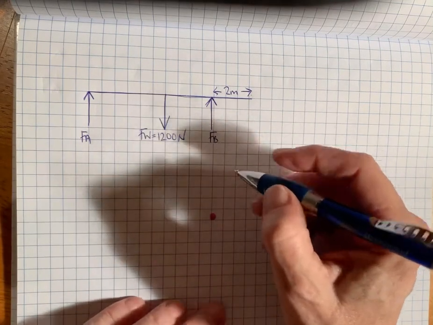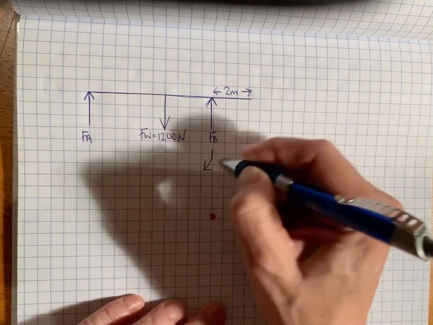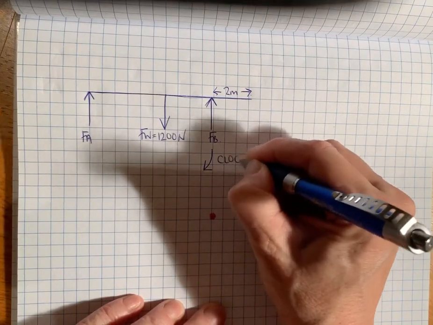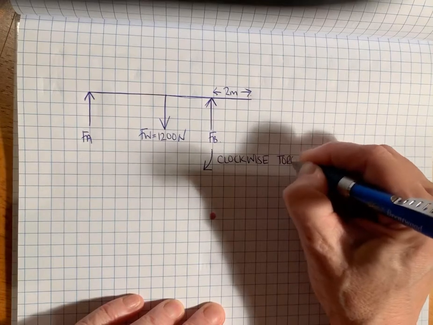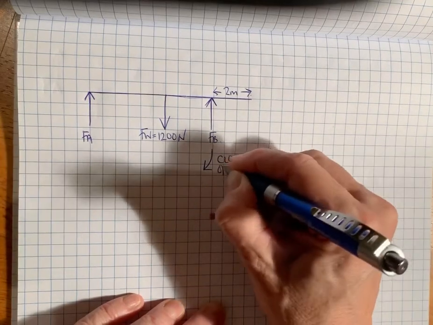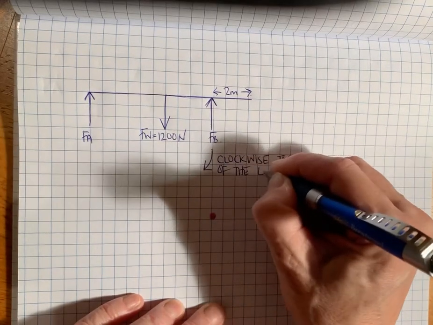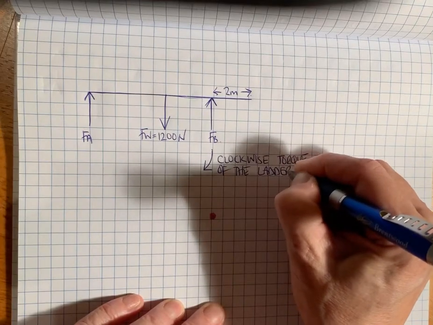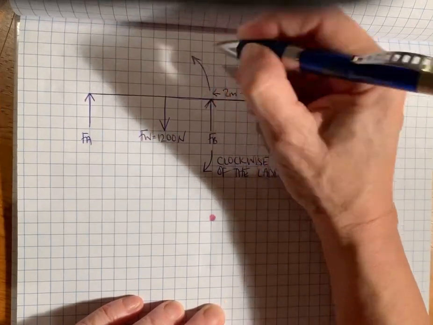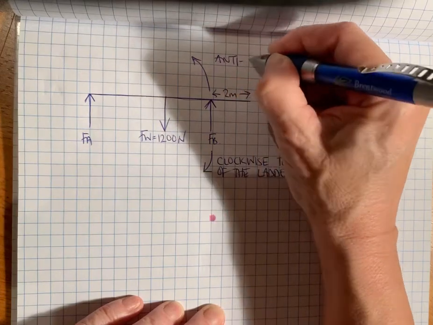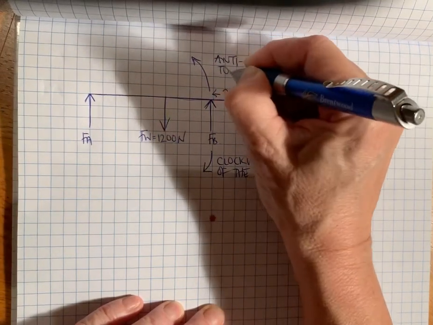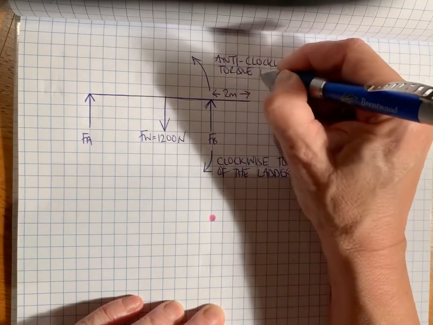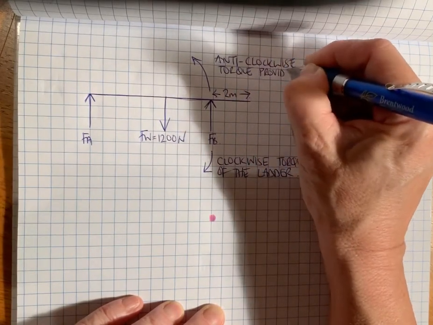So I'm just going to write in these torques again. So this going around this way would be the clockwise torque of the ladder, and here is the anti-clockwise torque provided by Brian.